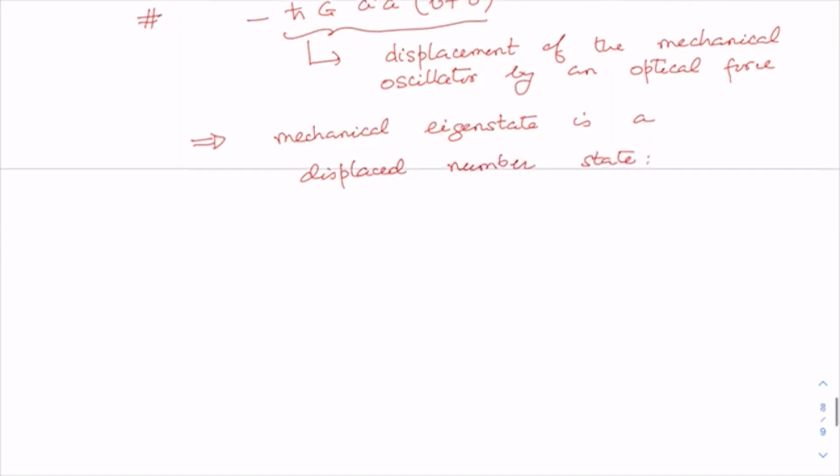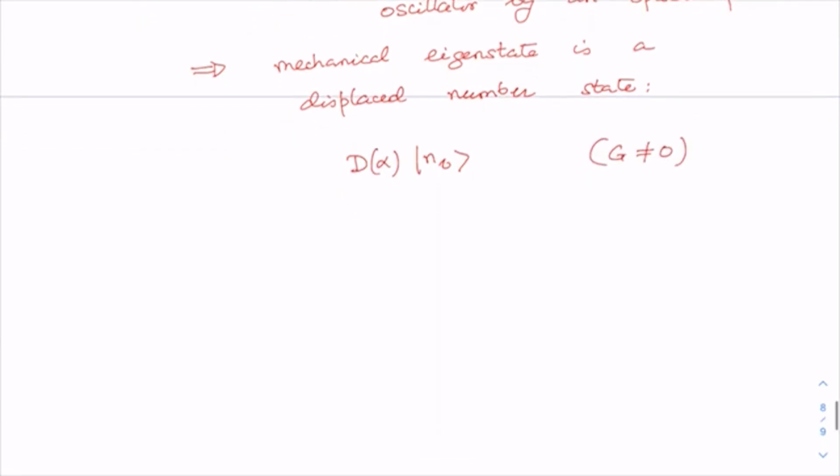What I mean by that is our original number state is Nb, the mechanical number state. Now it gets displaced when z is no longer 0. By the way, you know that this is the displacement operator, and we have discussed it earlier in module 1. It is e to the power alpha b dagger minus alpha star b.